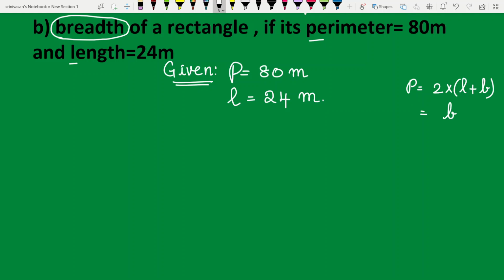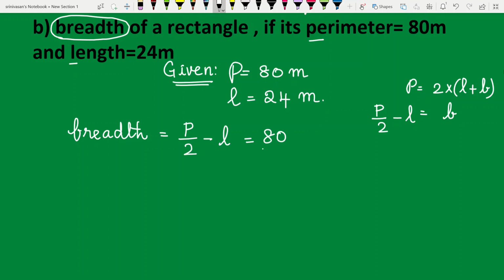So, keep breadth alone in the right hand side, and here it is P by 2 minus L. Now we are going to write the formula to find out the breadth. Breadth equals P by 2 minus L. So now substitute the values which are given. Perimeter is 80 by 2 minus the length is 24 meter.